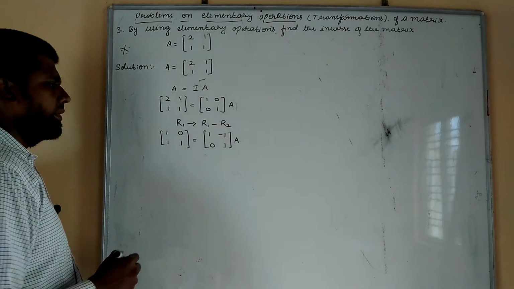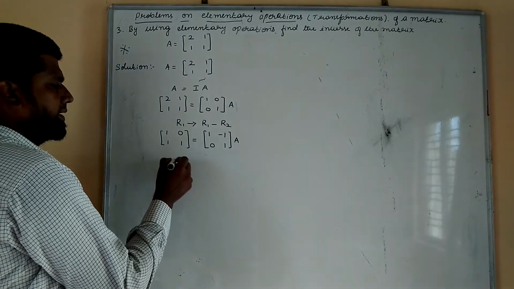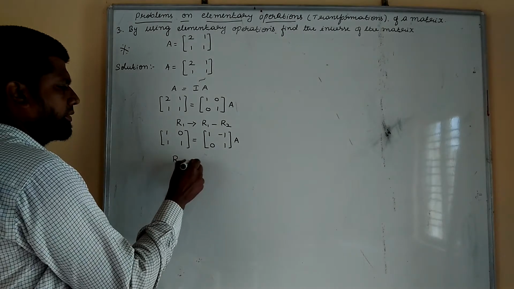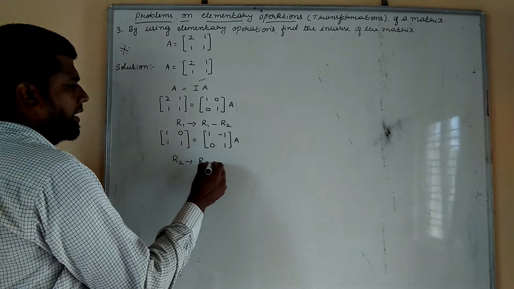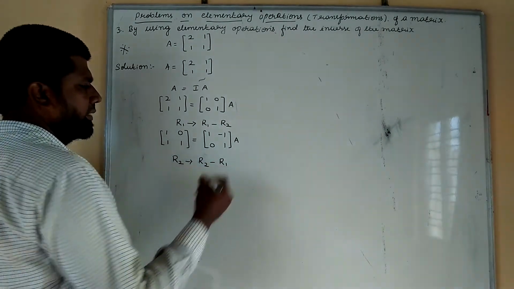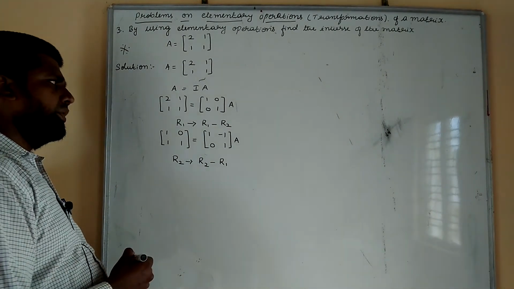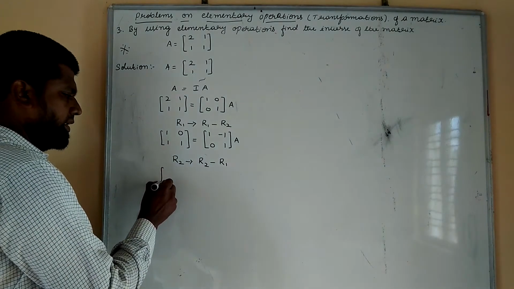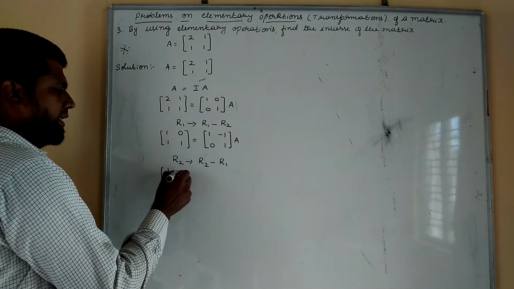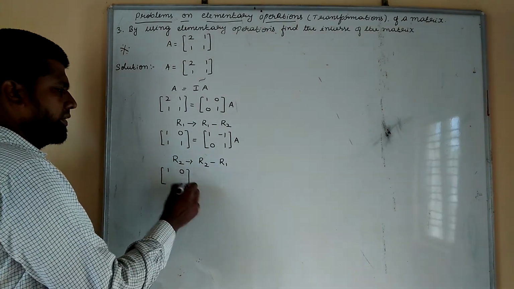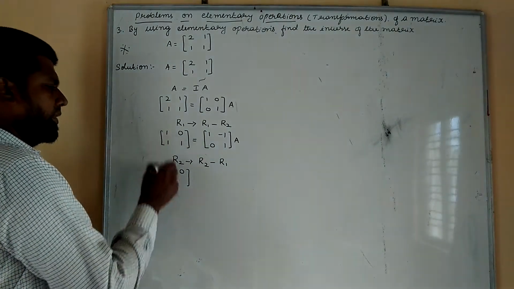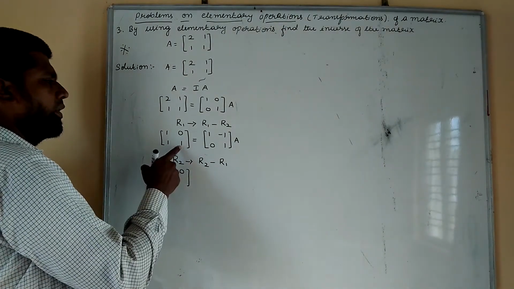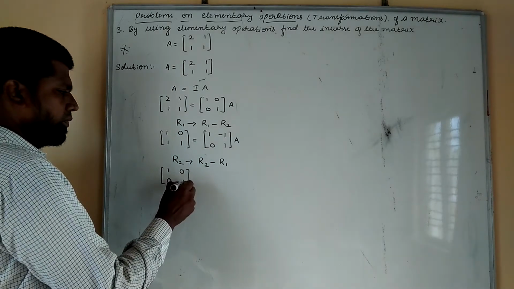Very simple problem. Now let us change R2: R2 changes to R2 minus R1. R1 is the same, 1 0. We change R2: 1 minus 1 is 0, 1 minus 0 is 1.